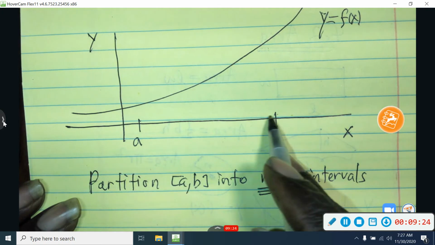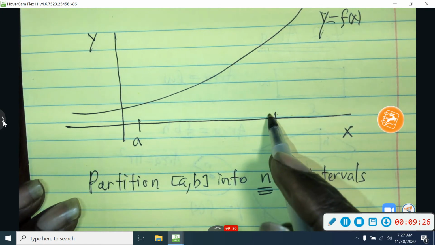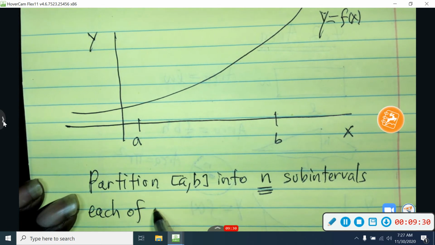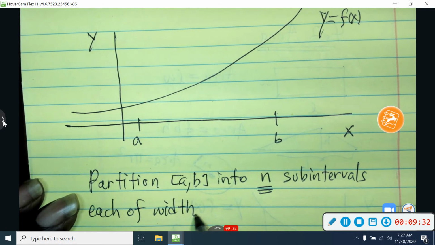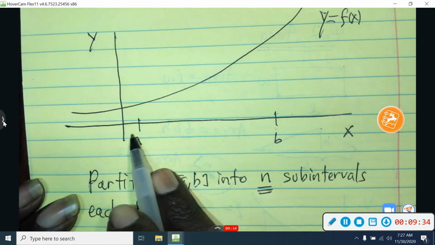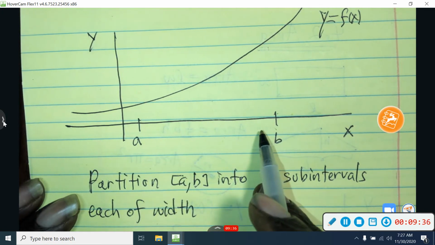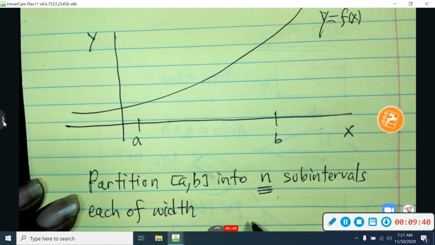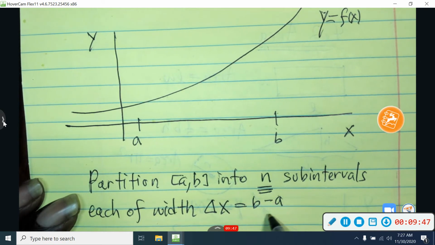And we'll make each one the same width, just to keep our lives easier. Each of width, well, I'll just take the whole length of the interval, which would be b minus a, and divide it into n pieces. And each one will be that long. And we call that number the change in x. It's just b minus a over n.